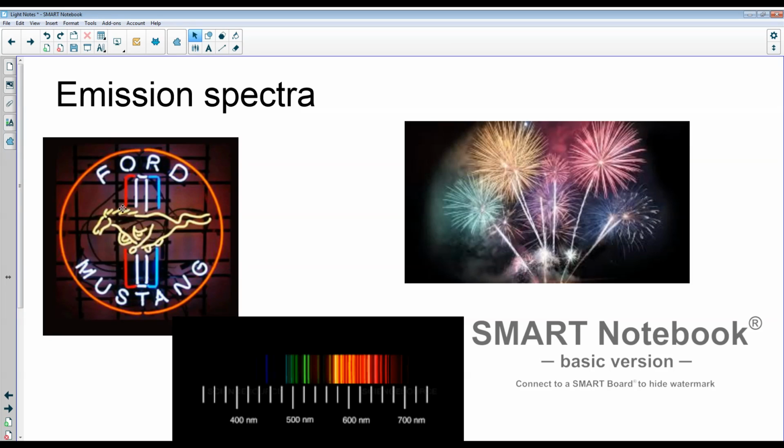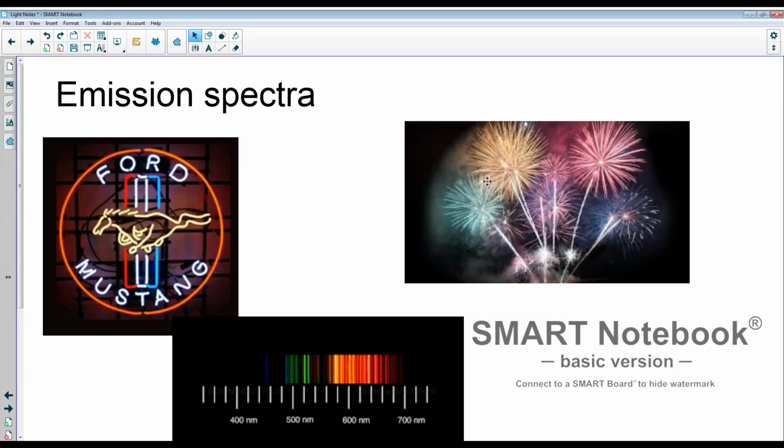And so sort of the yellow lights tend to come from sodium, and blue lights can be like argon or krypton. So different elements produce different colors, and fireworks are the same way. It just depends on what elements are inside of them are emitting their own wavelengths.